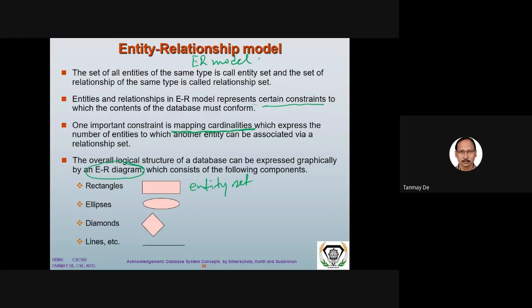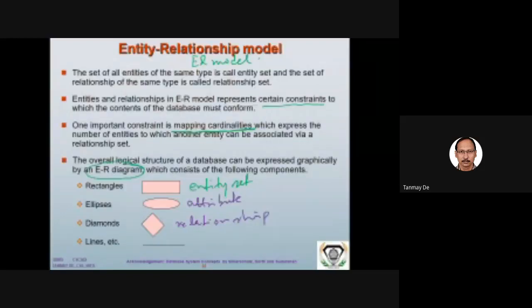This ellipse represents the attribute or field that differentiates the same type of entities in the entity set. Diamond represents the relationship set.